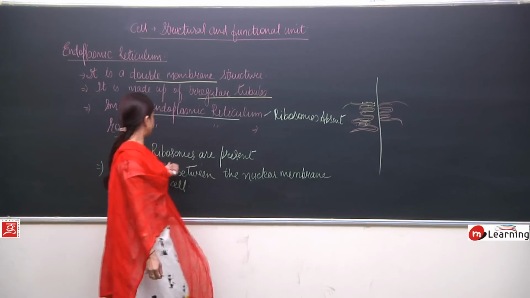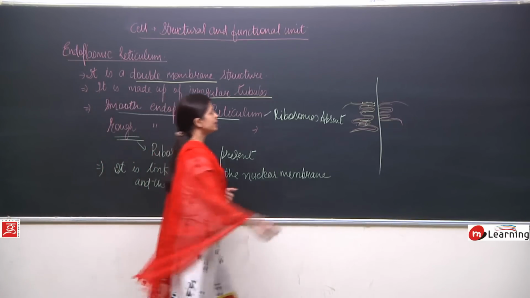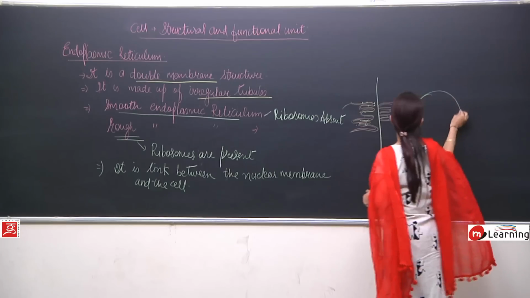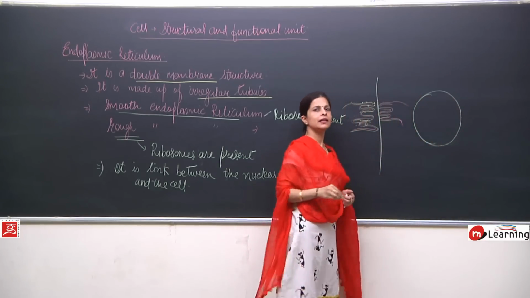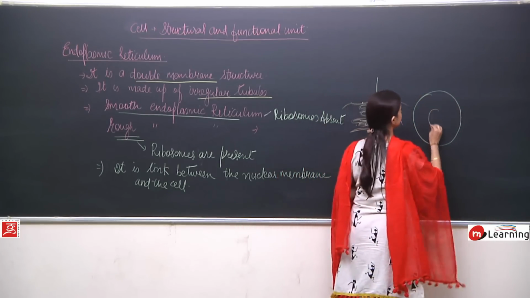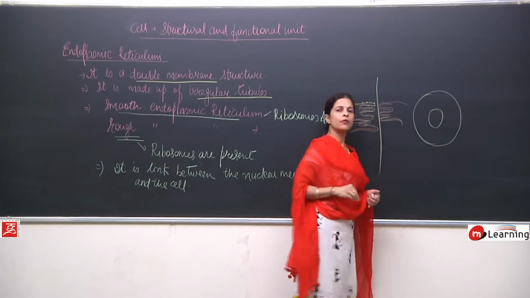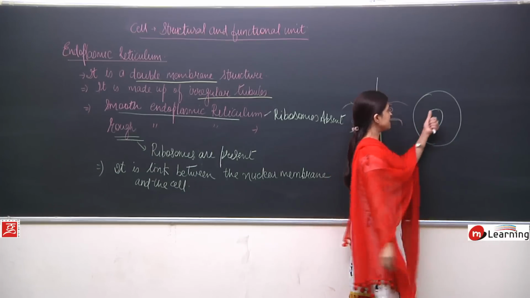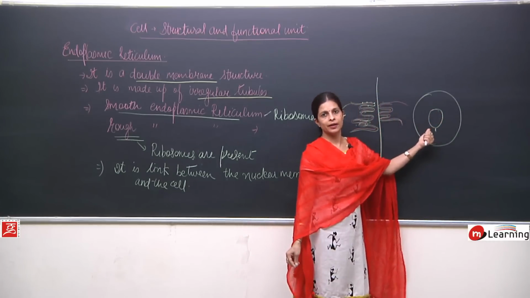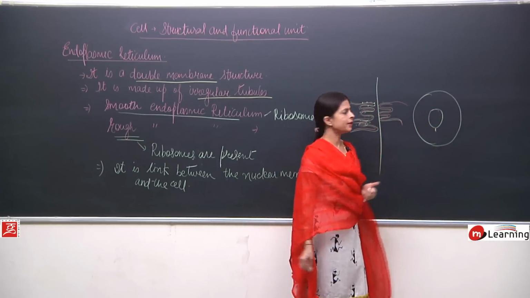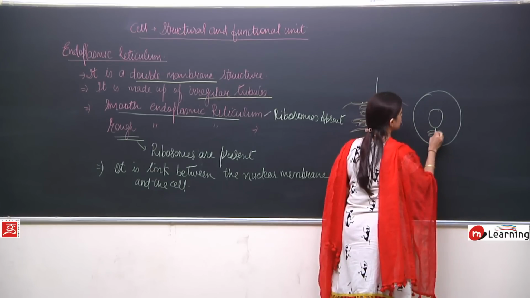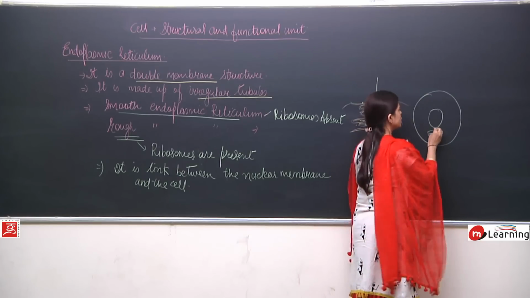If this is the cell and this is the nucleus, where is it present? I am just showing a rough one, we have already done a fair diagram. It is present like this. So it is a link. It is connected over here.